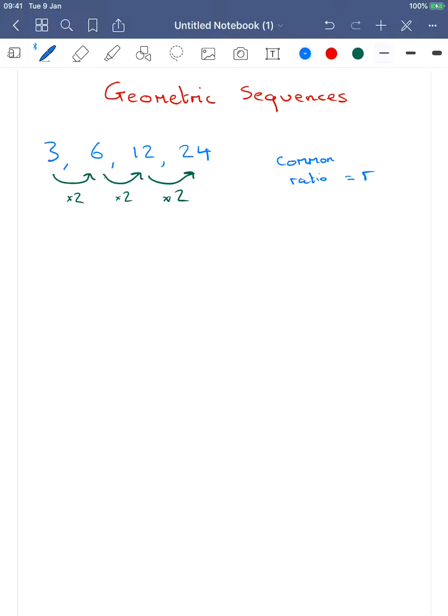Now, the nth term of a geometric sequence was also something that we touched on, and we got this as un is equal to the first term, u1, multiplied by r to the power of n minus 1.